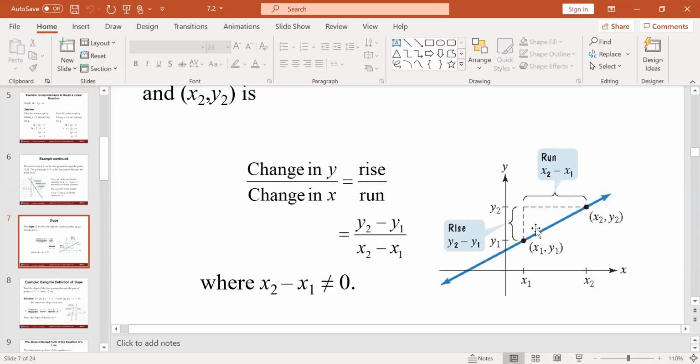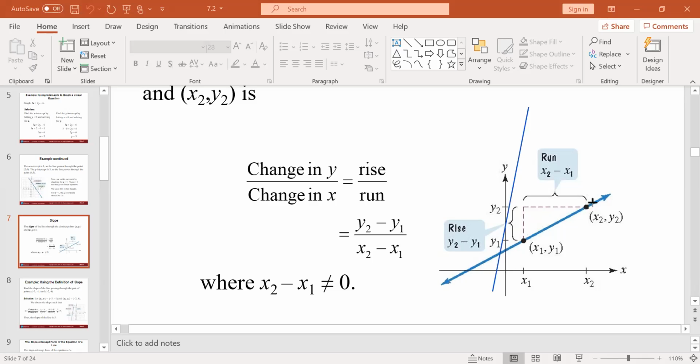The steeper your line is, the larger the value of the slope will be in absolute value terms. So this line is pretty normal steepness, and it's positive. You can tell this line is positive. But if I were to make it a lot steeper like this, it's still a positively sloped line, and the slope would literally be a larger number.